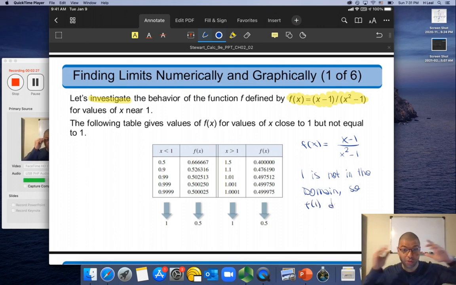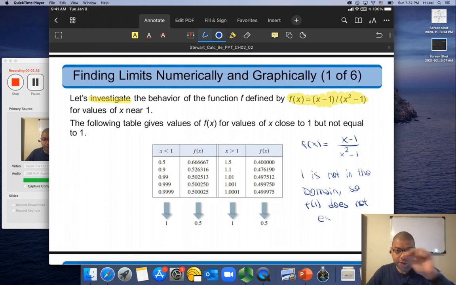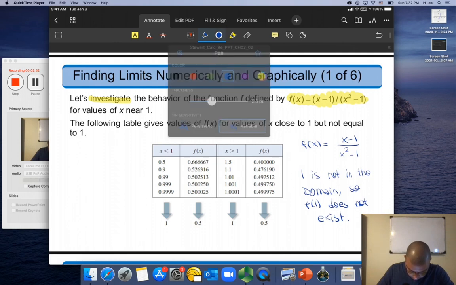But what if this is a function that in real life measures something that I need to know for x values close to 1? Maybe 1 will never be achieved, but I'll get very close to 1. I want to know what happens when I get close to 1. Maybe I need to know that. And that's the idea.